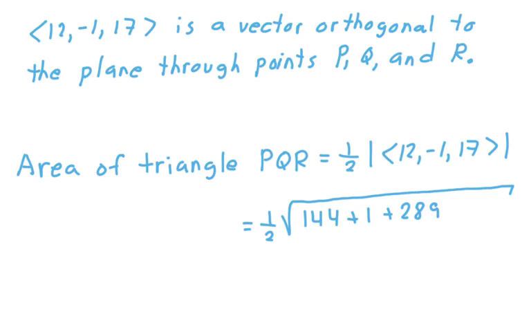And this is 1/2 times the square root of, and then we're going to take 145 plus 289. So if we take 145 plus 289, I get 434.